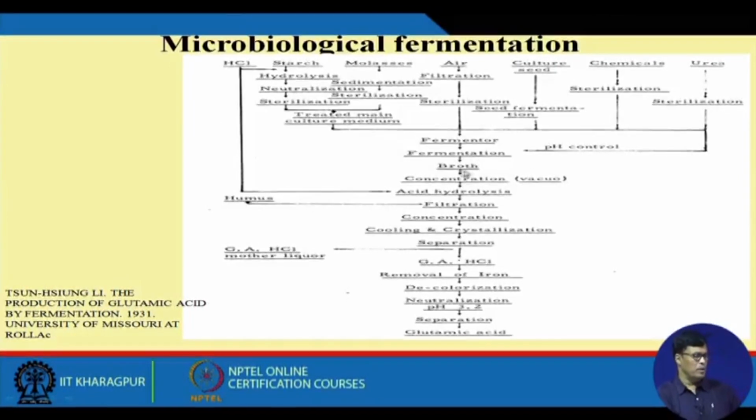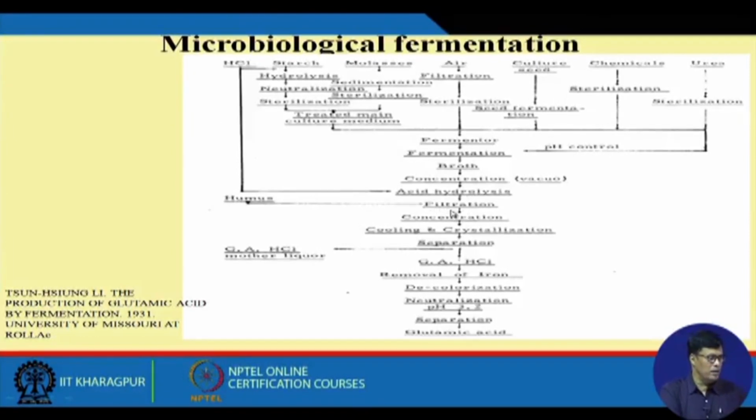After fermentation is over, at 36 to 48 hours, we get the fermentation broth. Then we concentrate by vacuum, and again add acid for acid hydrolysis.